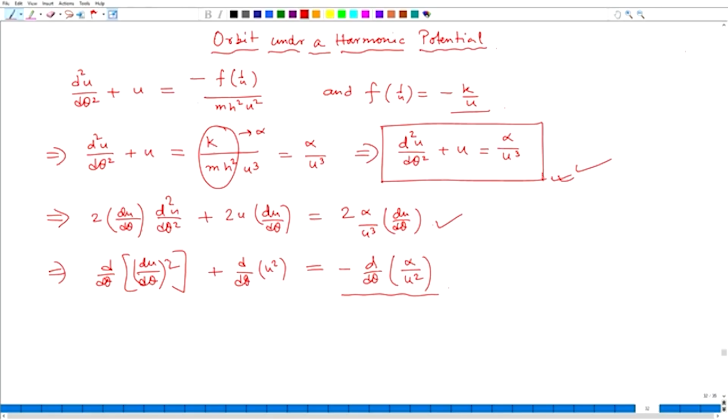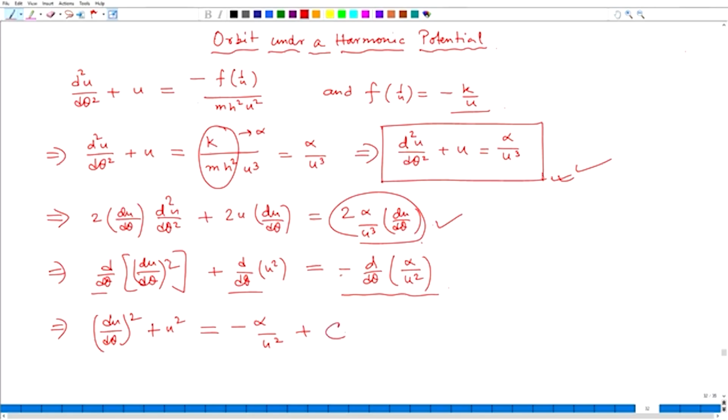So minus goes away, and finally you will have 2α/u³ du/dθ, which is nothing but this. Now I can simply take d/dθ off, and I will have (du/dθ)² plus u² is equal to minus α/u² plus some constant.